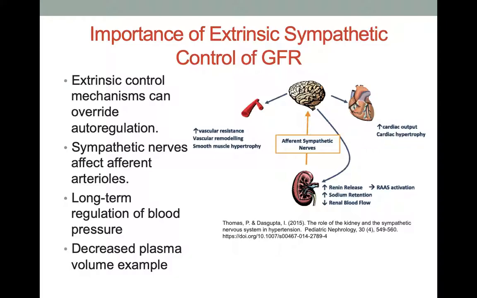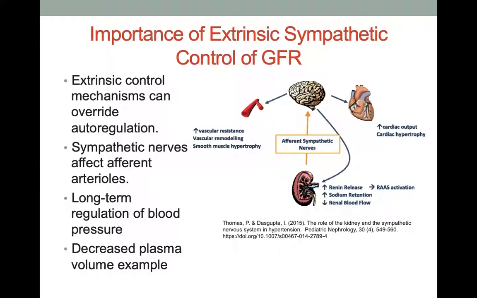This is all coordinated by the cardiovascular control center in the brainstem, and we're going to increase sympathetic activity to the heart and blood vessels. Again, we want to increase cardiac output and the total peripheral resistance, and that's going to help us raise blood pressure back to normal in the short term. But in this case, we still need to replace the blood volume that we lost, so we're going to do a couple things to do that. The first thing we're going to do is reduce urine output. By conserving the fluid there, we can build up the plasma volume again.